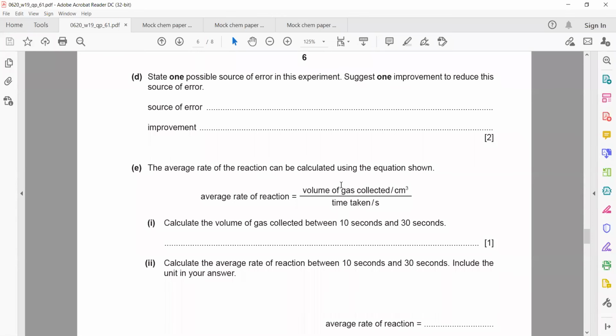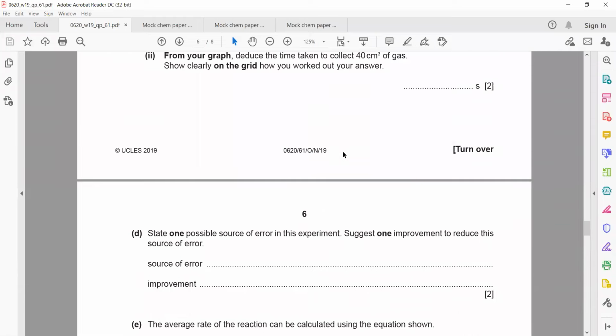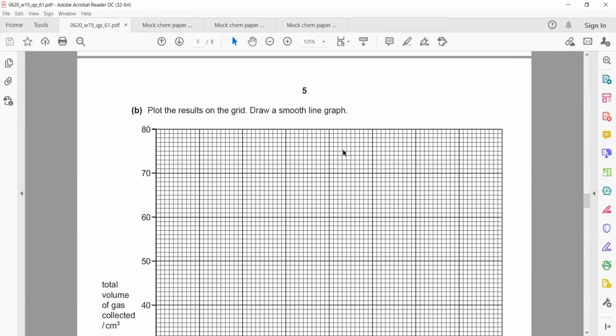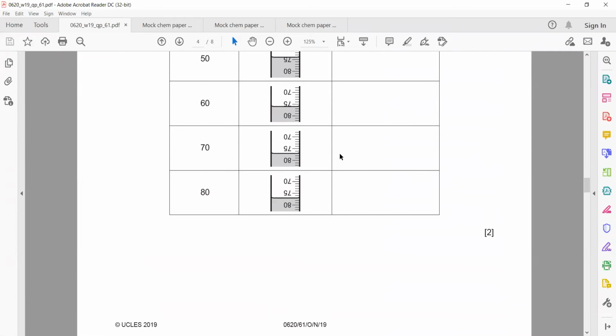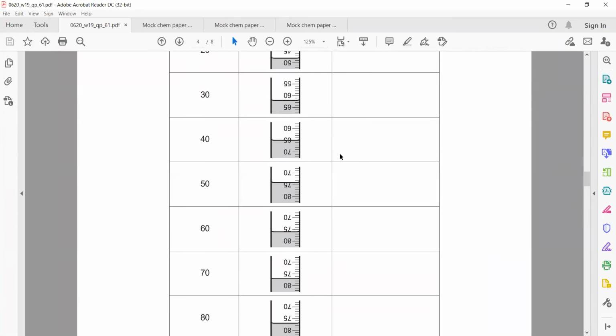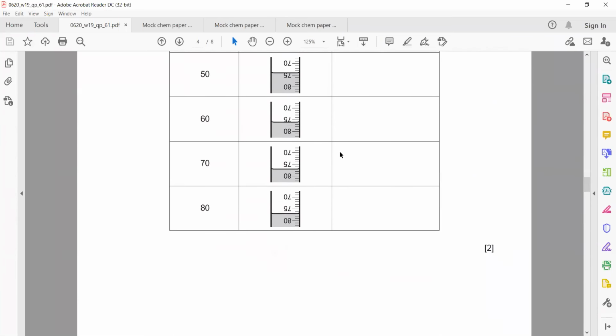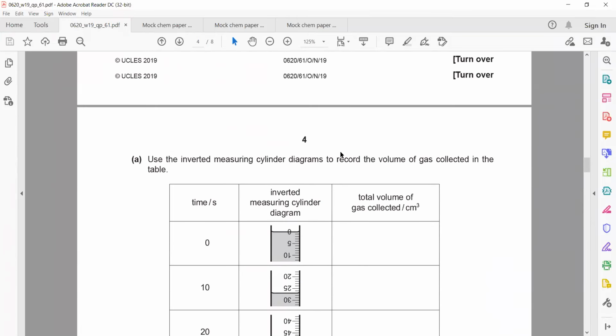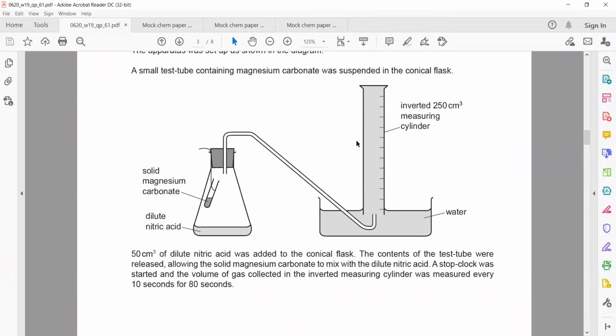Your parallax error can be there because of the line of sight error. Yeah, these are some errors as well. Another possible source of error is that we are using a measuring cylinder. The measuring cylinder is not accurate in measuring the volume.